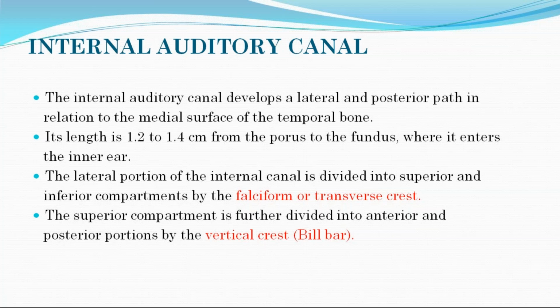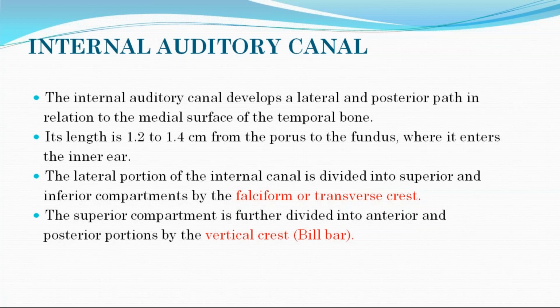If you see from the lateral aspect, that is from the inner ear side, you will find the fundus, and in between you have the crista falciformis dividing it into upper and lower compartments. The upper compartment is again divided into two by Bill's bar: the anterosuperior and the posterosuperior.